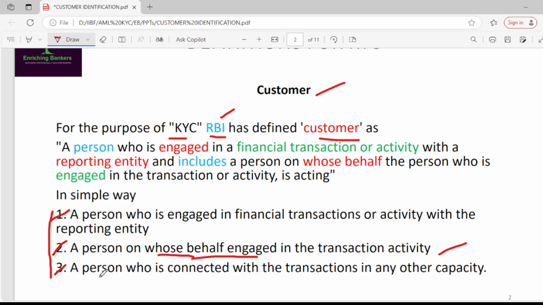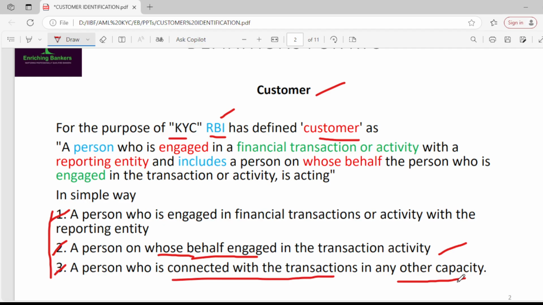Third point, a person who is connected with the transaction in any other capacity. For example, Mr. B is the guarantor for loan of Mr. A. Here, Mr. B is connected with the transaction in another capacity.